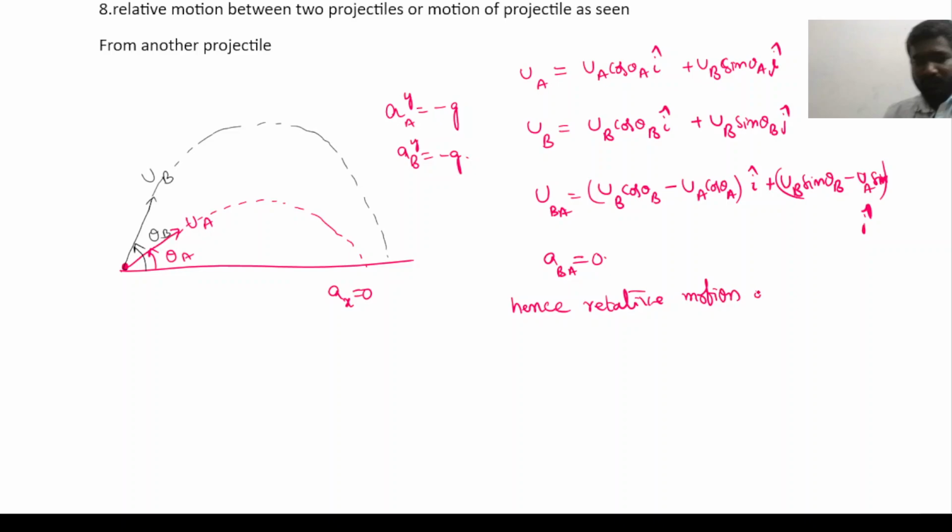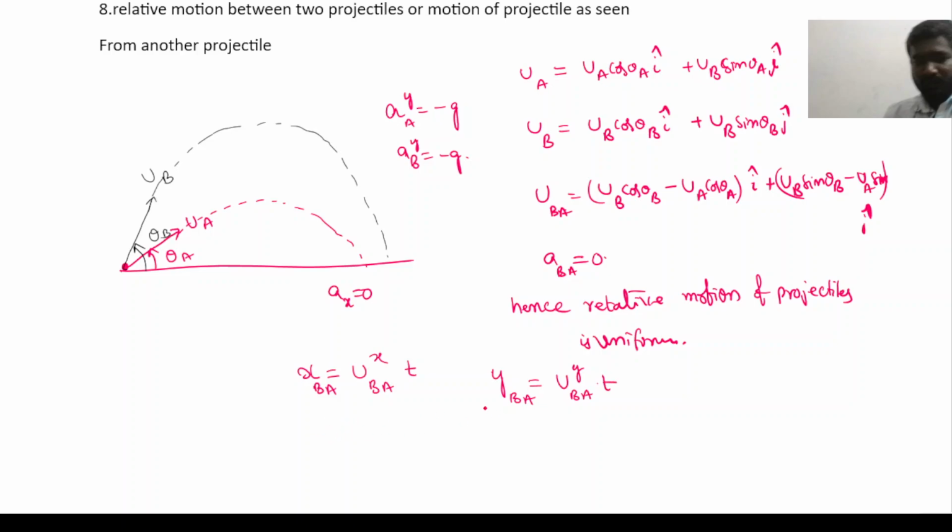Relative motion of projectiles is uniform. Now here you can see the relative x component of B with respect to A is the initial relative velocity along the x direction times time t. Similarly, the y component of B with respect to A is the initial relative velocity along the y direction times t.